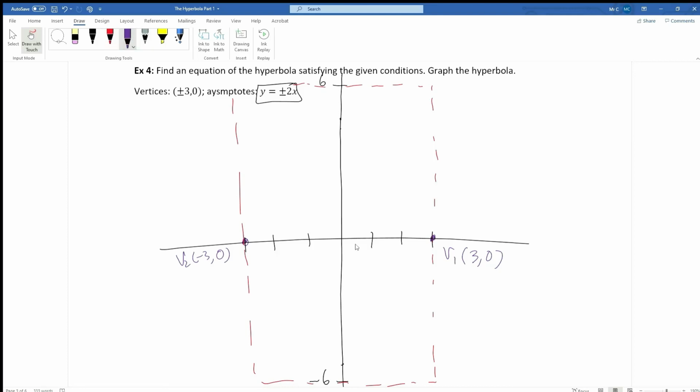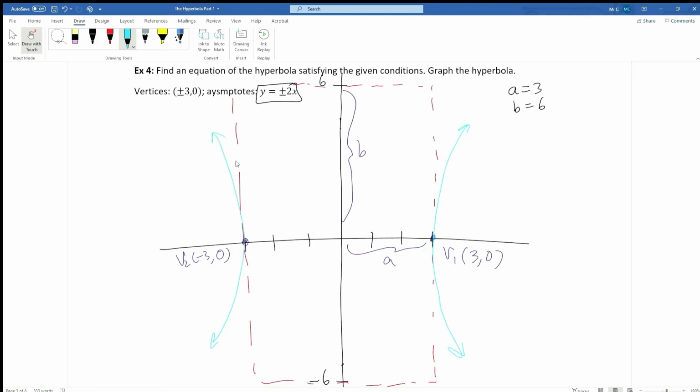All right, so now I know what A is. A is my distance out to my vertex. B is my distance up on the fundamental rectangle. So A is 3, B is 6. And based on my vertices here, my hyperbola opens right, or opens horizontally, I should say.